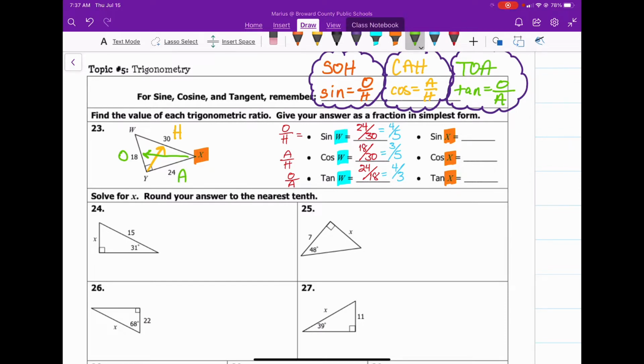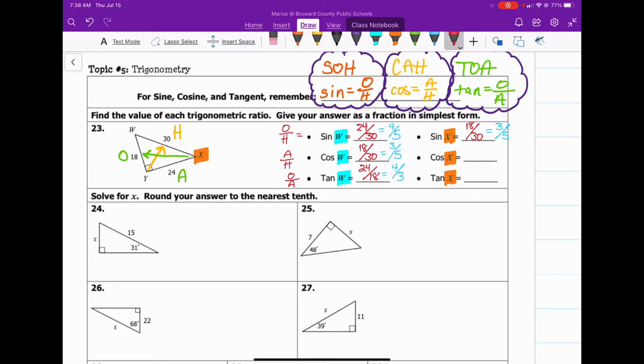Sine is opposite over hypotenuse. Opposite is 18, hypotenuse remains 30. We have to reduce, dividing both by 6. This becomes 3/5. Cosine of X is adjacent over hypotenuse.